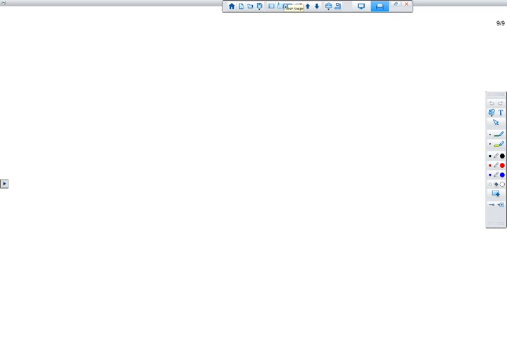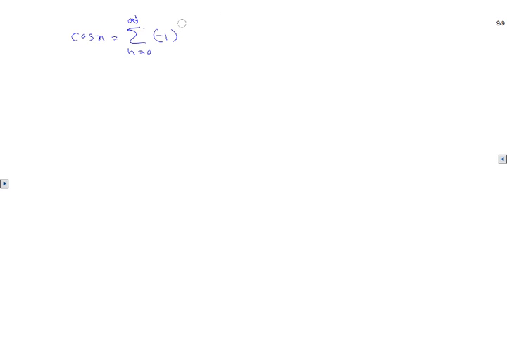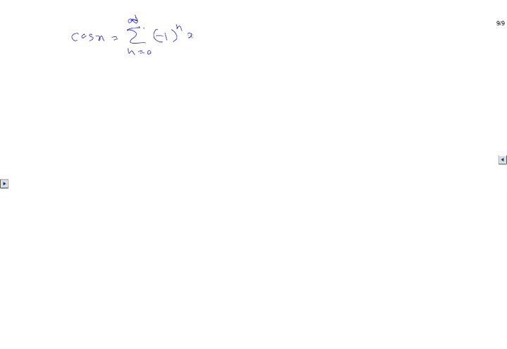So what's going to happen? We have cosine x equals the sum from n going from 0 to infinity, very similar to what we had, but we have only the even powers, x to the 2n over 2n factorial.